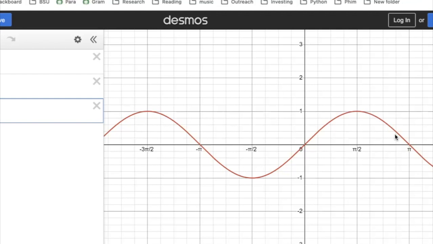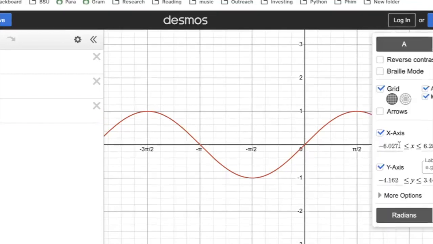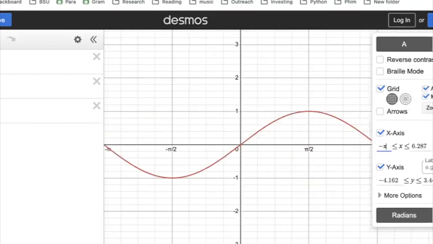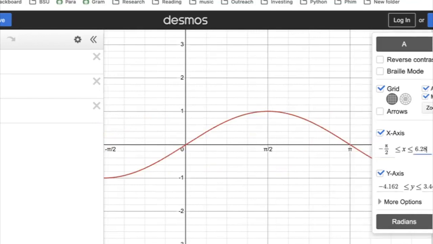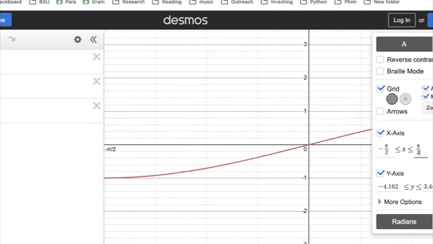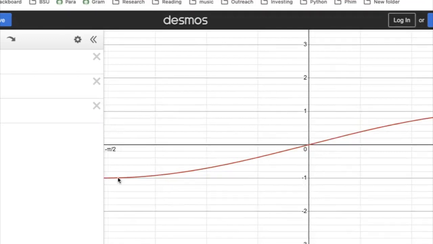So how could you possibly find an inverse function of sine? But when you look at the function, if you just take the part from -pi/2 to +pi/2, so let me change the domain a little bit, from -pi/2 to pi/2, you can see in this case, the function is actually now a one-to-one function.